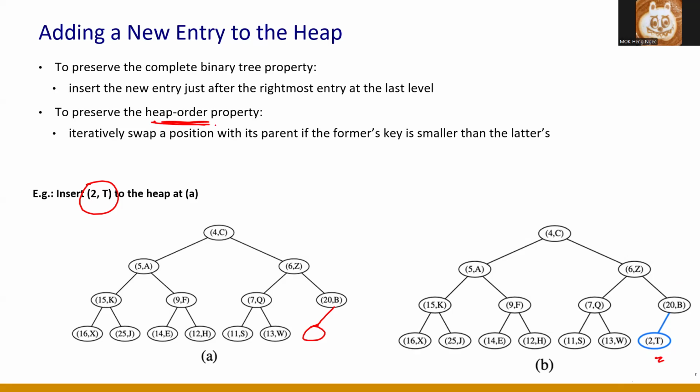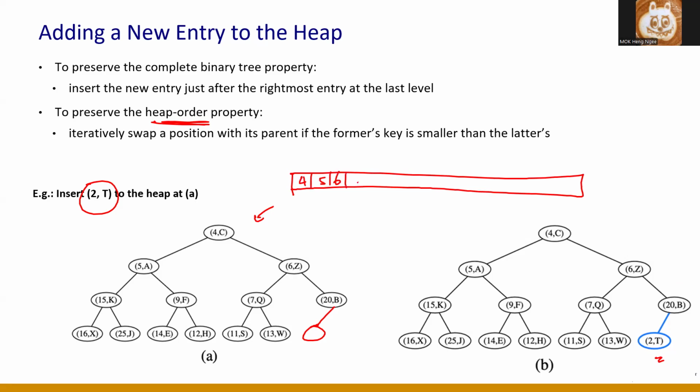It's not as simple as... now if this were an array or a list, so we have 4 here, 5 here, 6 here, and so on. The last element is 13. I'm just showing the key, but the value should be shown as well.